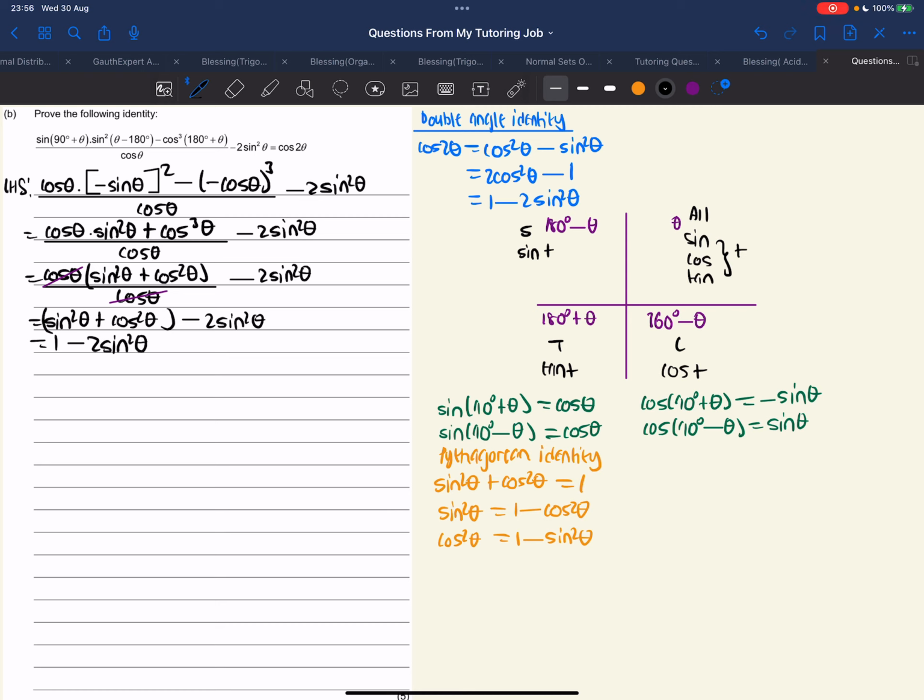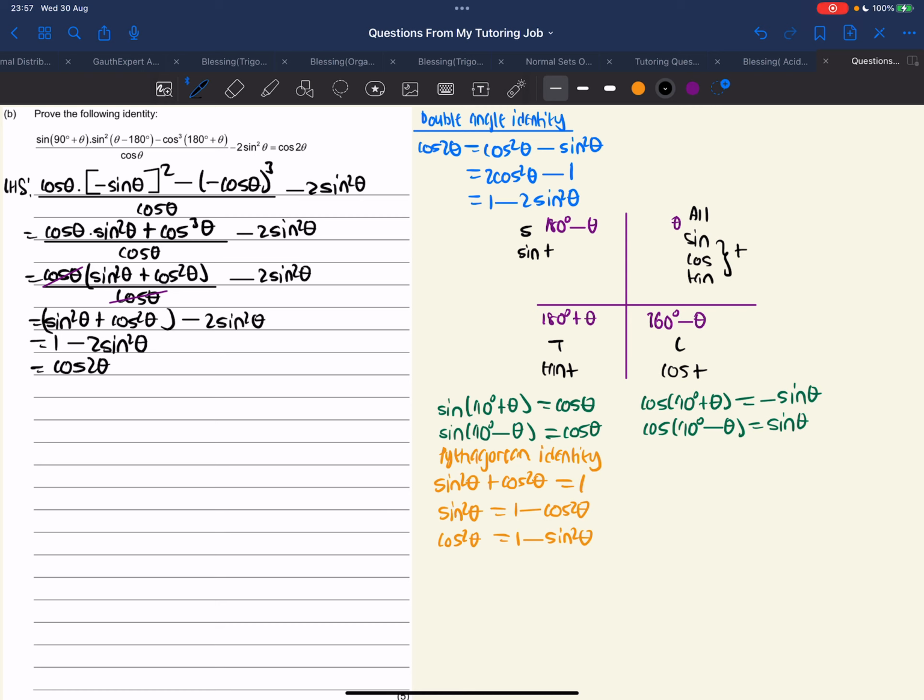Now can you see that from our previous question we identified that cos 2 times theta has identities, it can either be this one, or that one, or that one. But can you see that here we actually have that one? So now we can conclude that that one is cos 2 times theta.